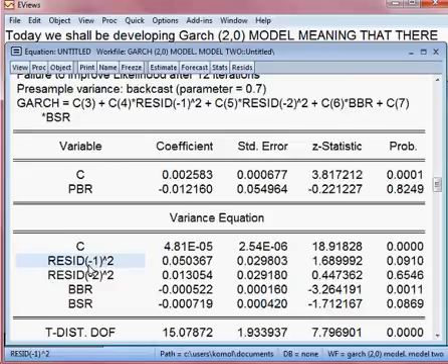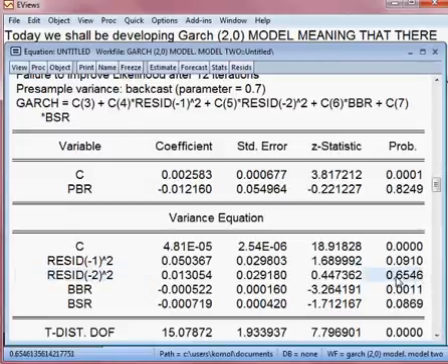So that is the ARCH, and this is ARCH 1, and the second one is ARCH 2. Is it significant?